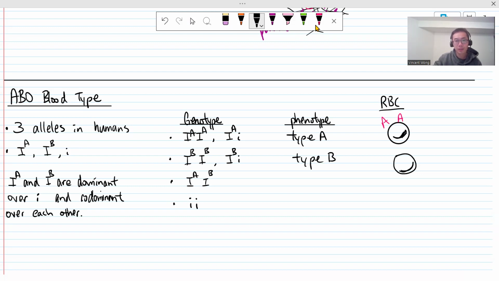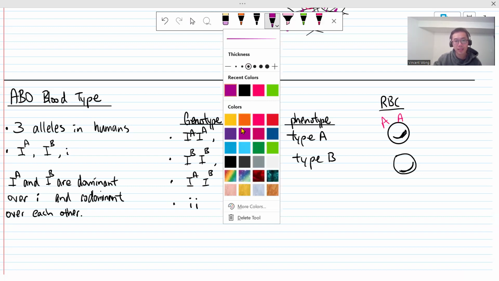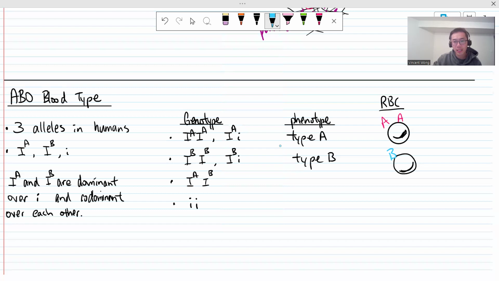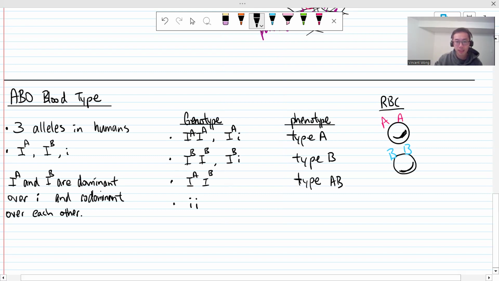And then the red blood cell will have the B antigen on it. And what if someone is IA IB? What do you think the blood type is going to be? AB. That's right. Because A and B are codominant with each other, right?